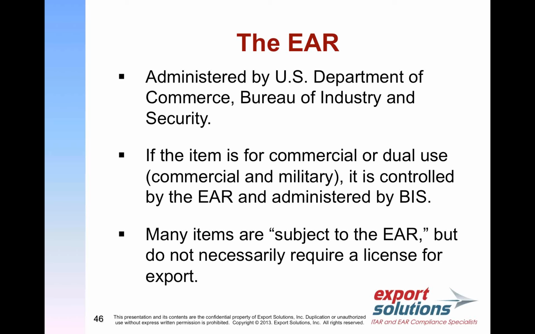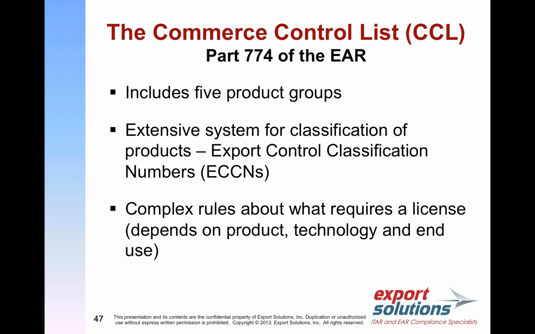Okay, the Commerce Control List. I think this is the first time we're mentioning this in this training. The CCL. For all intents and purposes, if you're looking at the ITAR, the list of controlled defense articles is the U.S. Munitions List. In the Export Administration Regulations, the EAR, their version of that list is called the Commerce Control List, the CCL.